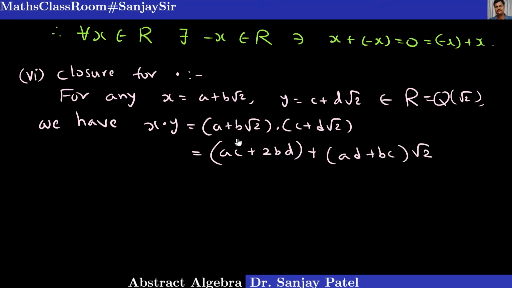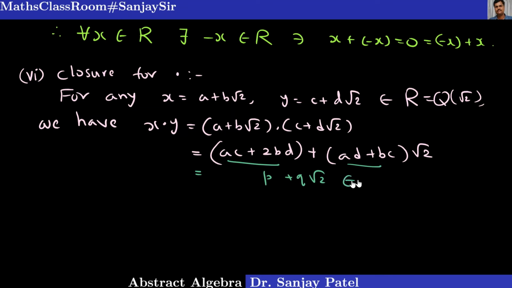This multiplication you can write in the expanded form, and then rearranging the terms you will get this. And this is of the form p plus q root 2, where p is equal to this first bracket and q is equal to the second bracket. This I am calling p and this I am calling q.